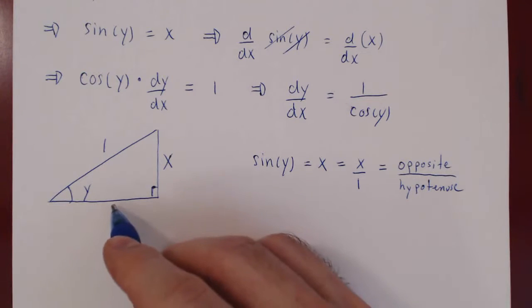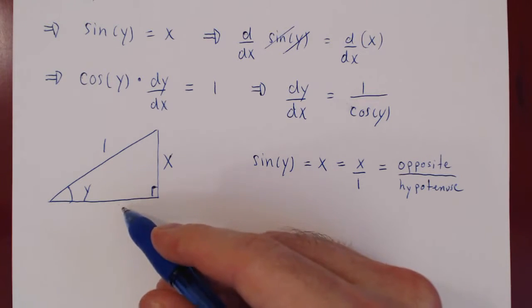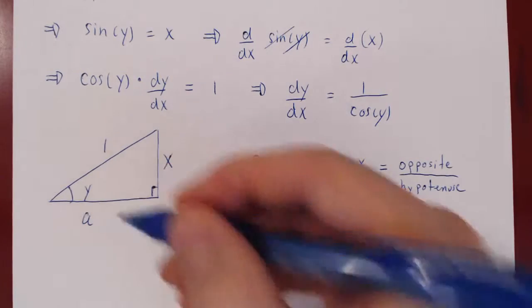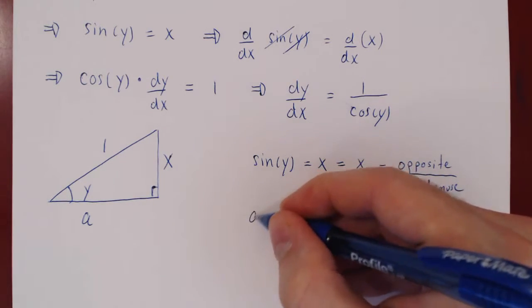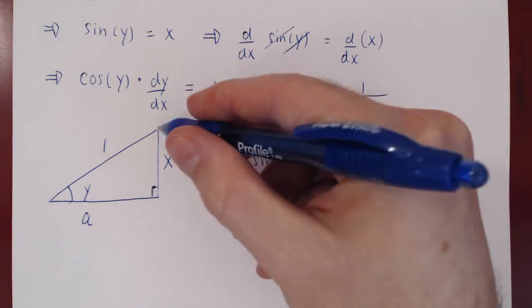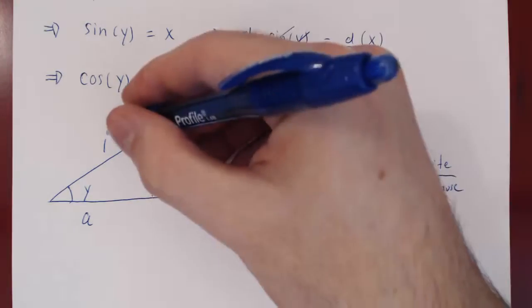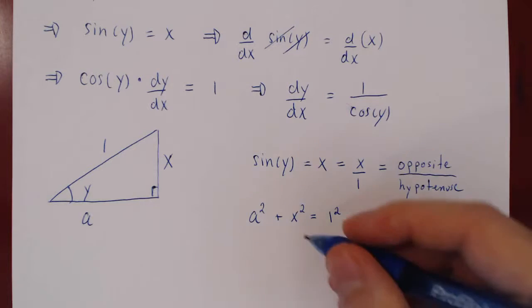Well, we're missing the base, the third side, but we can complete this with Pythagoras' theorem, right? If we call this side, say, a, we know by Pythagoras' theorem that a squared, the base squared, plus the height squared is equal to the hypotenuse squared. And then we can solve for a.